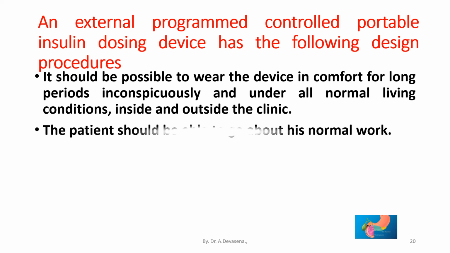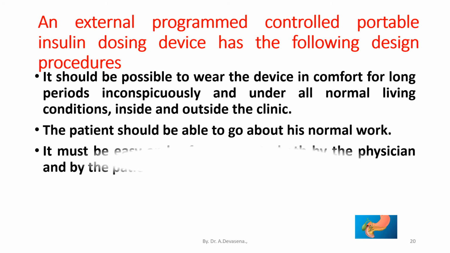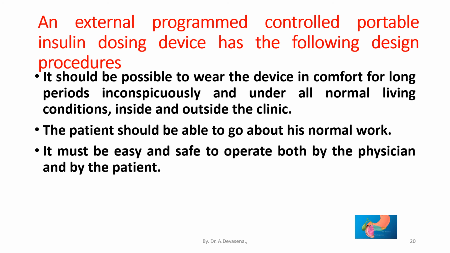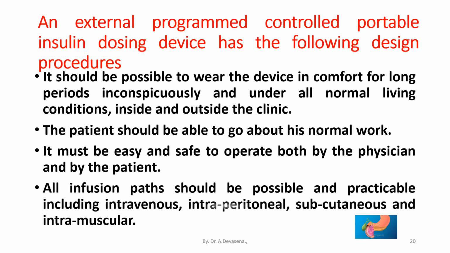The patient should be able to go about his normal work. It must be easy and safe to operate both by the physician and by the patient. All infusion paths should be possible and practicable, including intravenous, intraperitoneal, subcutaneous, and intramuscular.